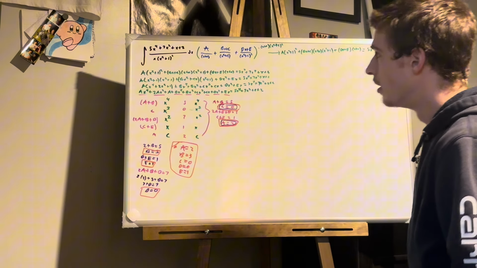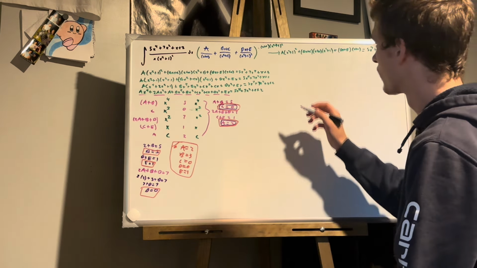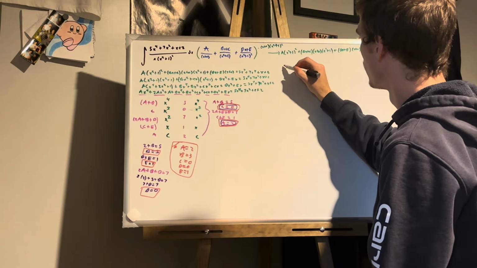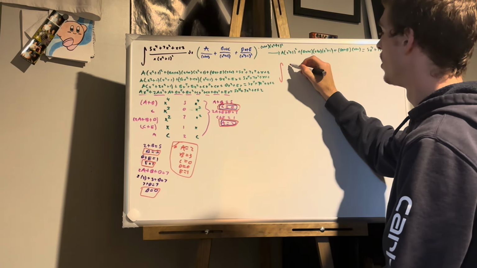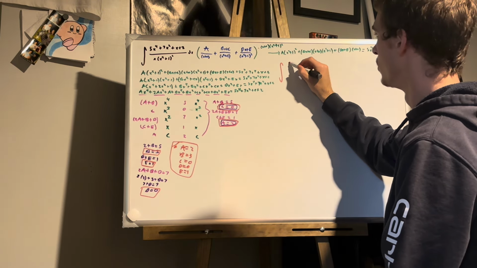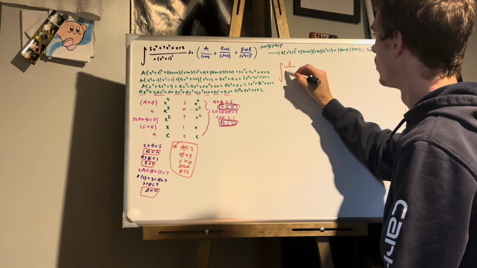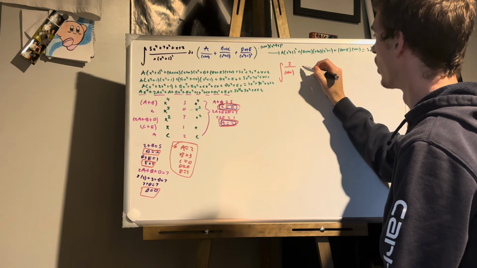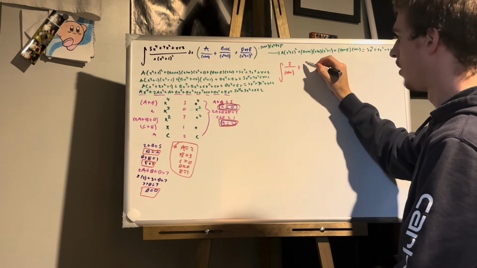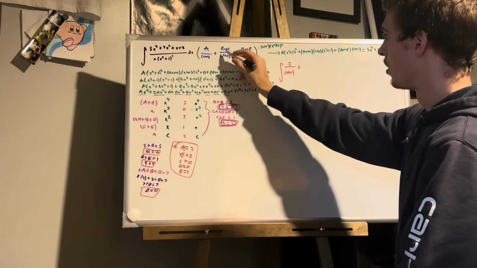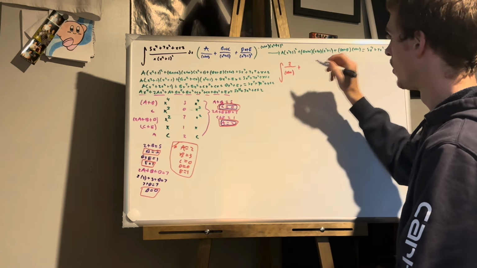Cool. Now we got to do the integration. What's A? A is 2 over x plus 0 plus, what's B? 3. Right, so we're grabbing this.